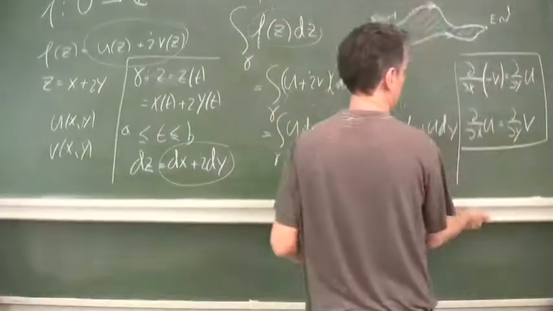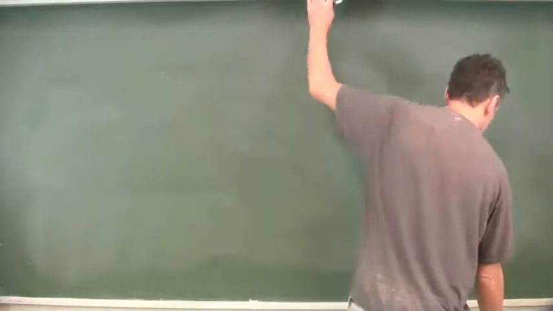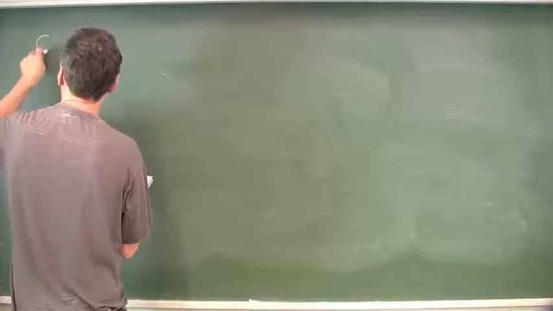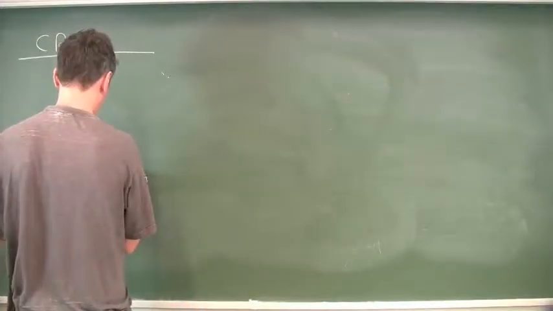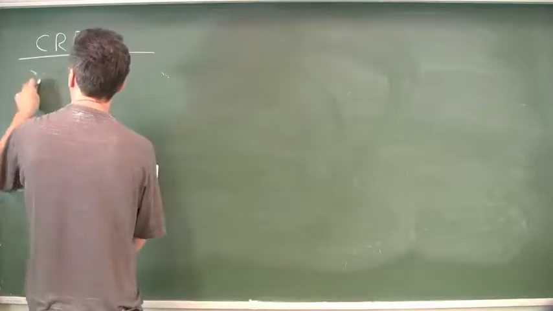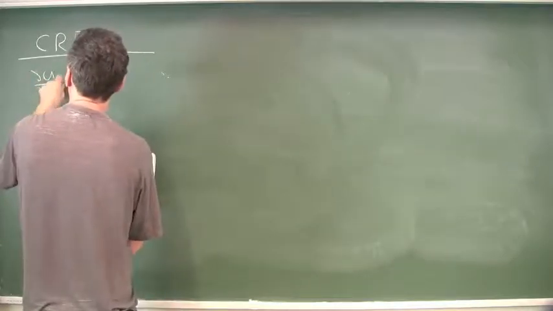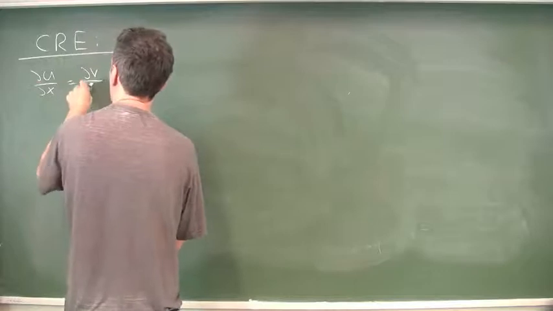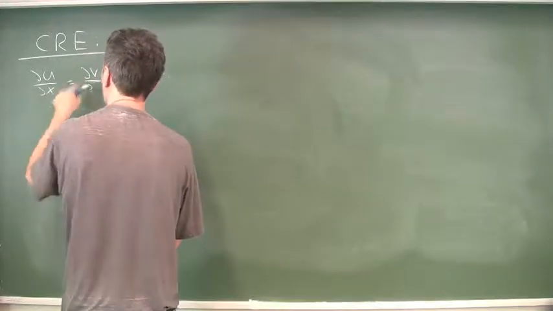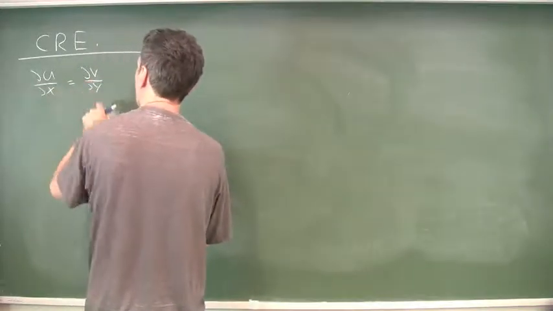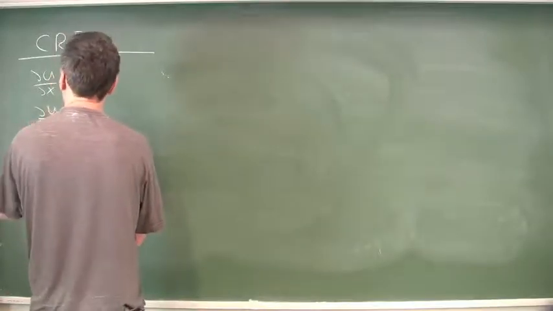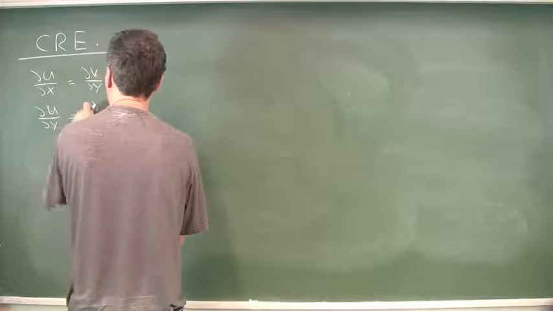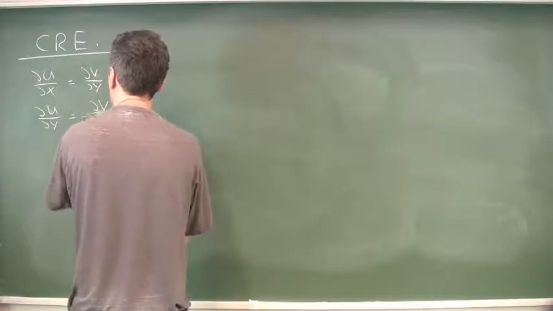So let me write them down in a little bit more standard form now. So these are the Cauchy-Riemann equations: del u del x is equal to del v del y, and del u del y is equal to minus del v del x.